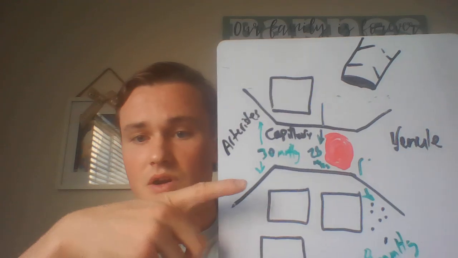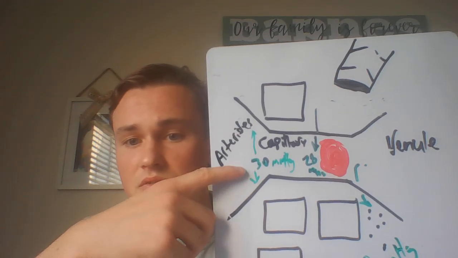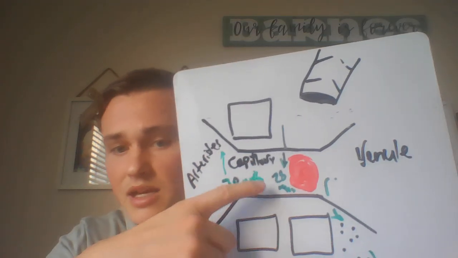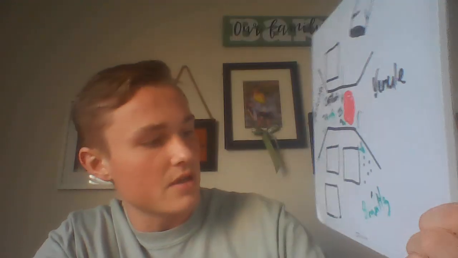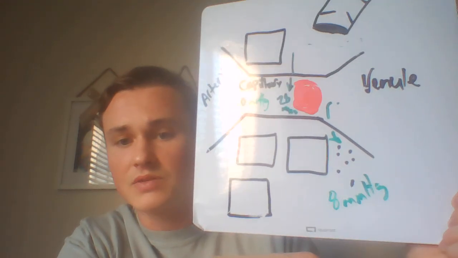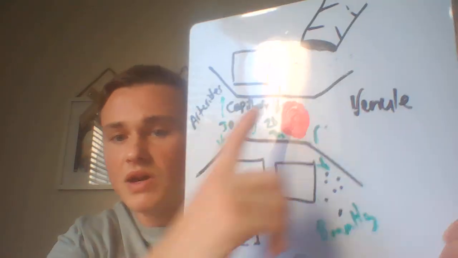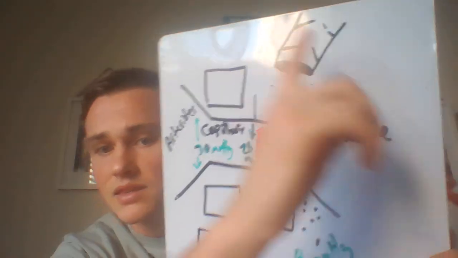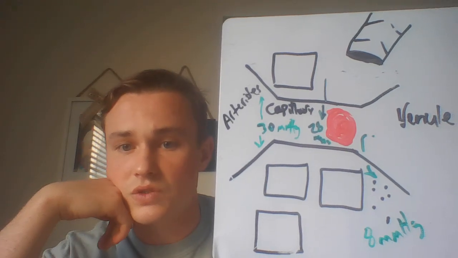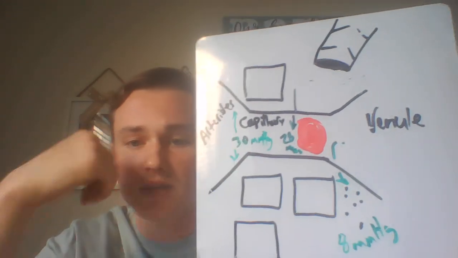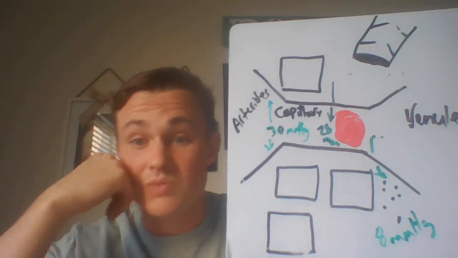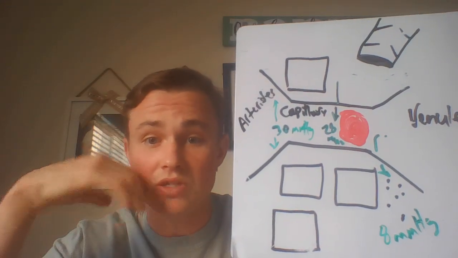We still have our 30 microliters of fluid coming out. We still have 28 coming in. We still have 8 down here that are coming out whenever we have these extra solutes out here. But we don't have anything to suck away that extra fluid that is left over after the 28 coming back in. So what we're going to see is a lot of swelling in the tissue.